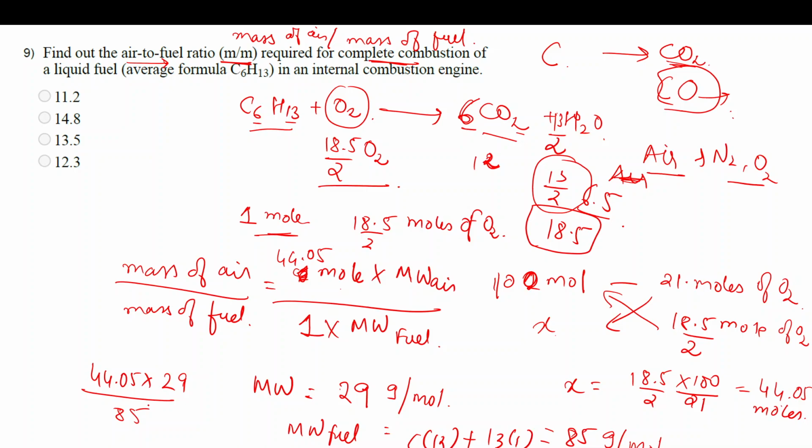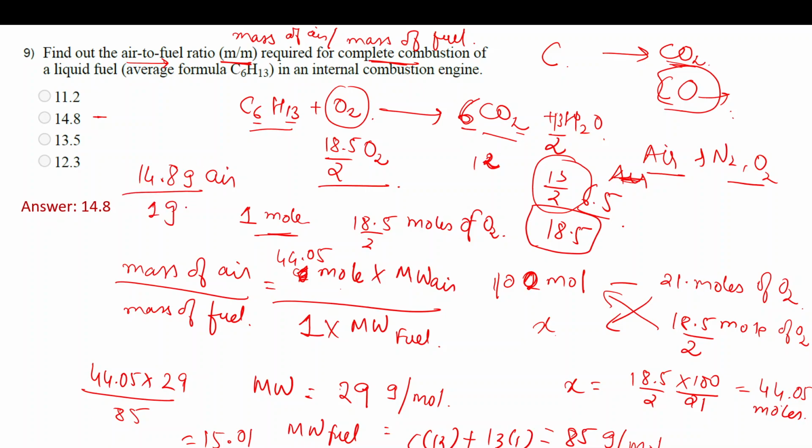It is coming to me as 15.01. The nearest answer in the options is 14.8. So you can say 14.8 is the required ratio, and you can elaborate this ratio as 14.8 gram of air per gram of fuel, if we are taking gram as the unit.